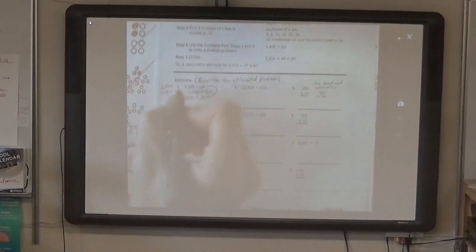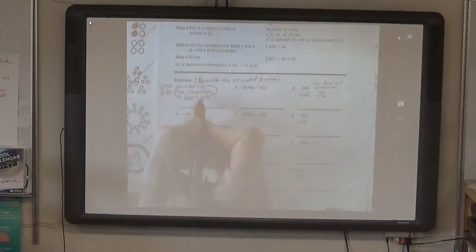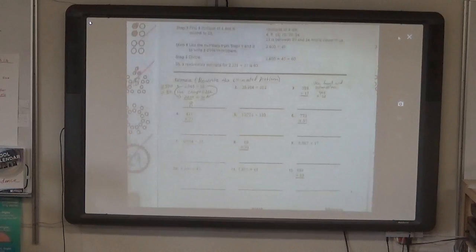Then, we want to find a number that is compatible with 30. And we know 24 divided by 3 is 8. Right? So those are compatible. 24 divides by 3 evenly.